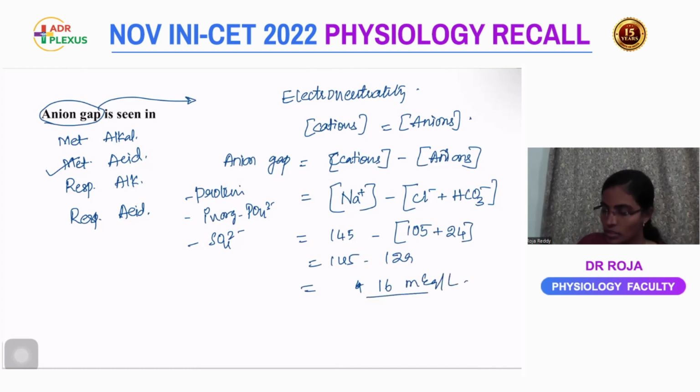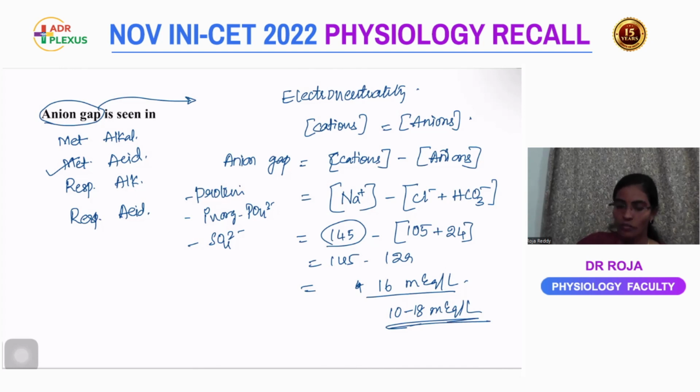So this is the normal anion gap, a single value. Now sodium is not exactly 145, chloride is not exactly 105, it can change a little. So the normal anion gap is 10 to 18 milliequivalents per liter.